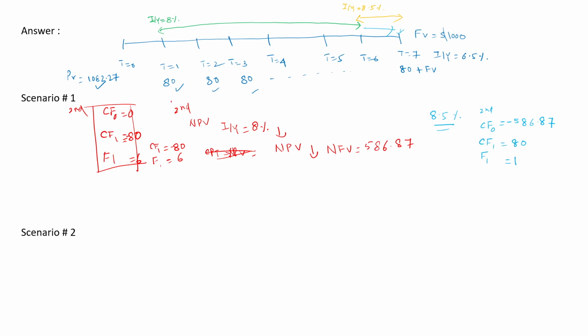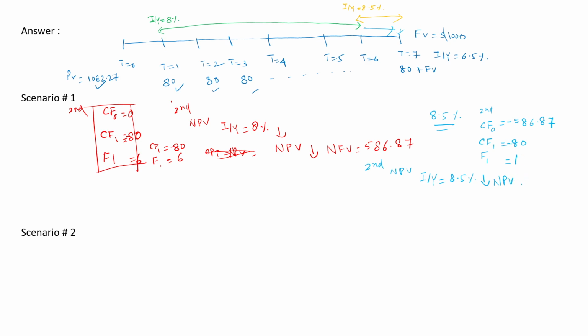By default it is going to come 1, so keep it at 1, and then press second NPV calculation. Once you press it, it is going to ask for the input of I/Y. Put in 8.5%, and once you put in 8.5%, then press the down key. You will find the NPV first. We are not interested to find the NPV.